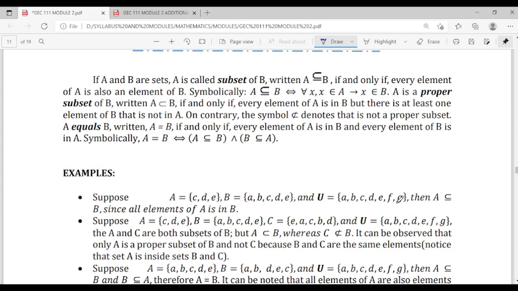If A and B are sets, as we defined sets earlier, A is called a subset of B, written with this symbol.